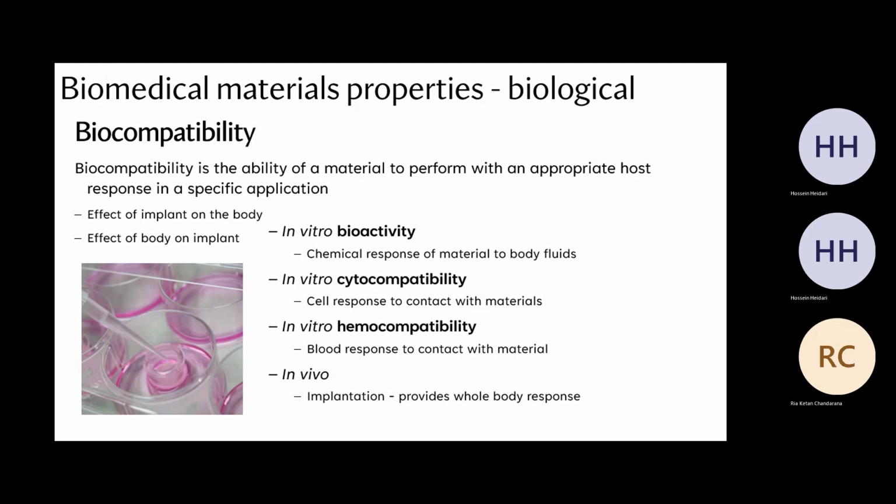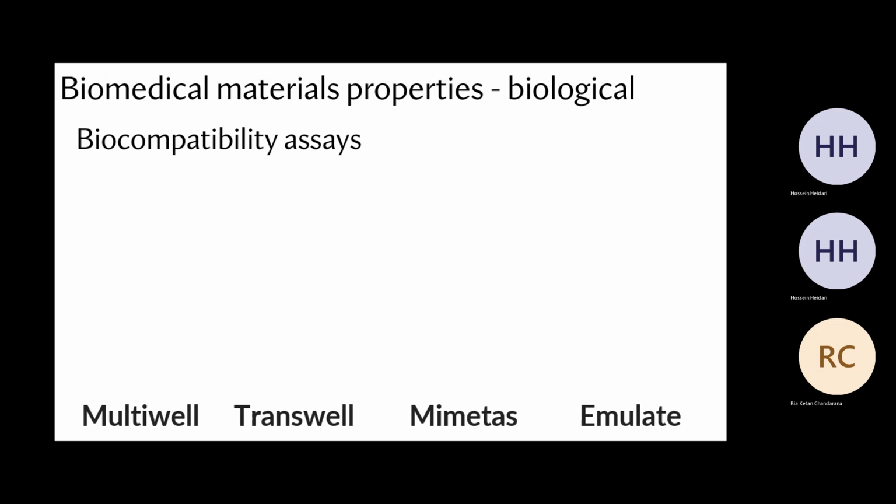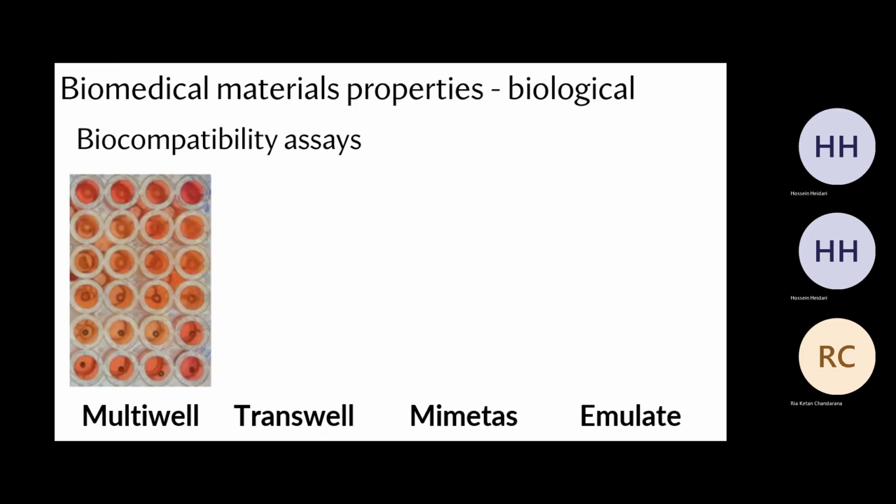So the first one we're looking at here is in terms of the cytotoxicity and the bioactivity. And the tests have been very simple for the past 30 years of testing of biomedical devices. We've only used these multi-well plates, okay, and they're very simple.